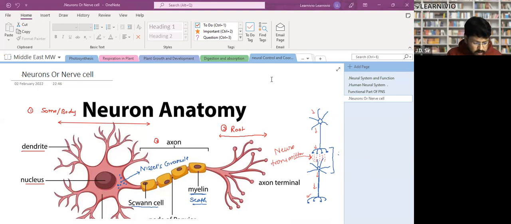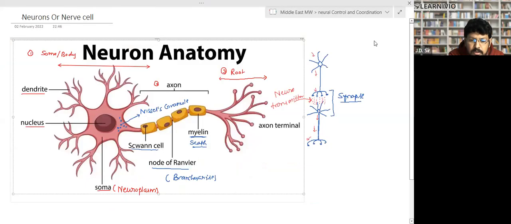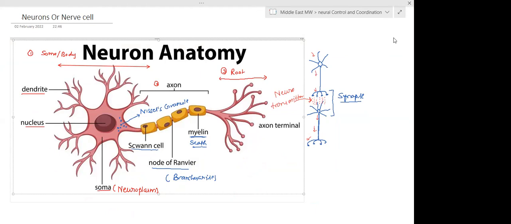So what are neurons and what are nerve fibers? Let's start. This was the diagram which we studied. Did you write anything or not? No, nothing, I have dictated. Have you written anything about the neurons? No, sir. Okay, fine.